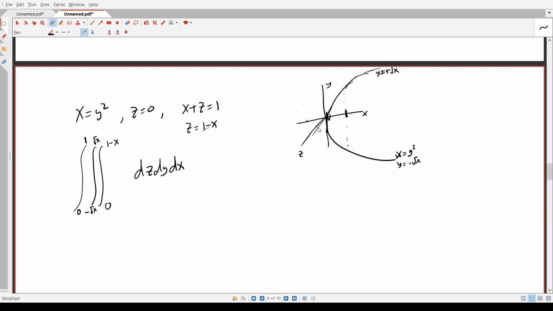Okay, so this right here describes a plane that I cannot seem to draw. So at 0, it's 1. So basically the plane is going to go something like this. Okay, so I have this plane here, and it intersects the line x equals 0, right?